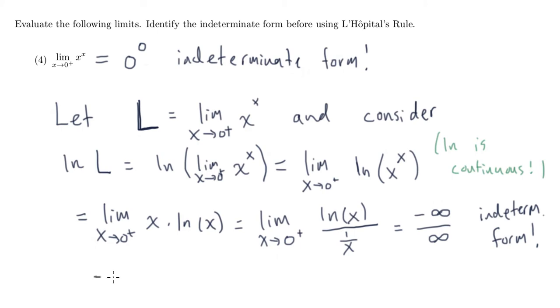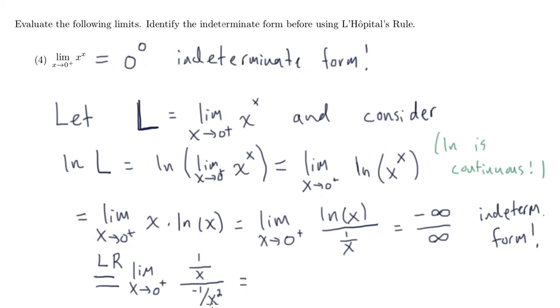So this is now equal to, by L'Hopital's rule, first we have the limit as x approaches 0 from the right. We have the derivative of log x, which is 1 over x, and then over the derivative of 1 over x, which is minus 1 over x squared.